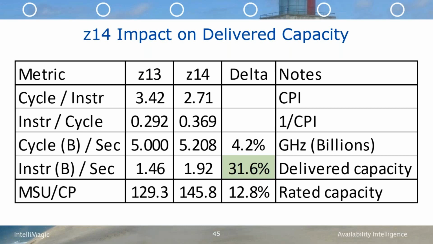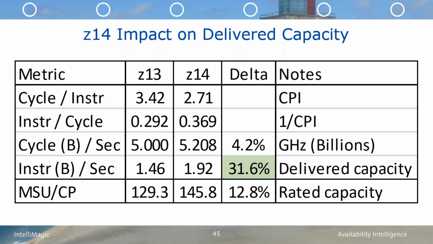So finally, let's translate this sizable CPI improvement into its impact on delivered capacity. The inverse of CPI is the number of instructions completed per machine cycle. And the cycle speed on the Z14 is approximately 4% faster than the Z13, 4% more cycles per second.